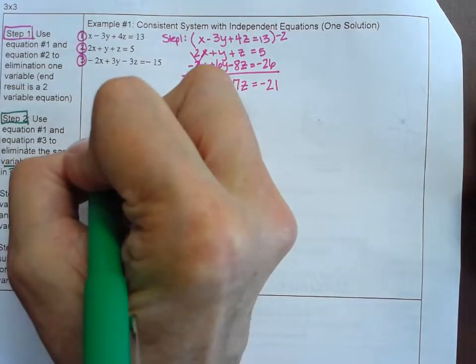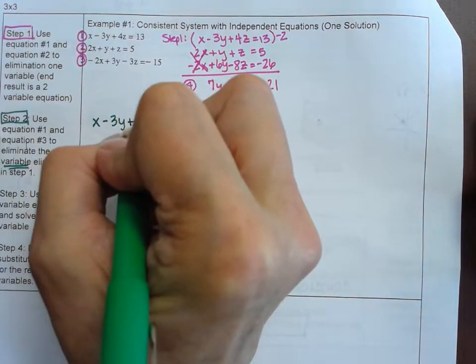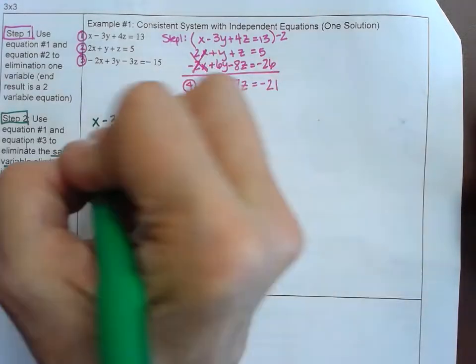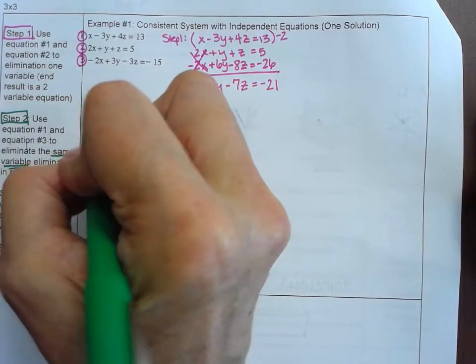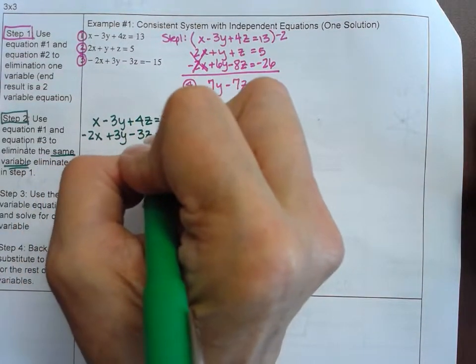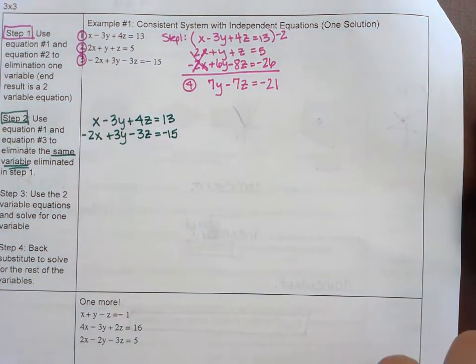So if I have x minus 3y plus 4z is equal to 13, and equation 3, negative 2x plus 3y minus 3z equals negative 15. What variable do I want to get rid of? The x.